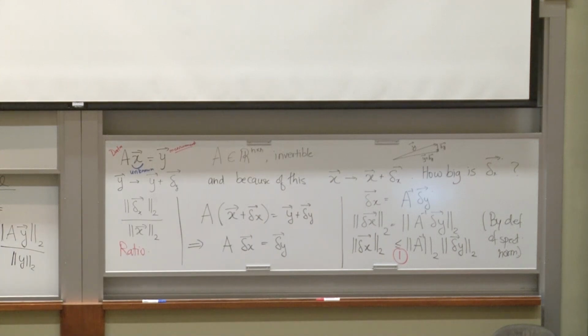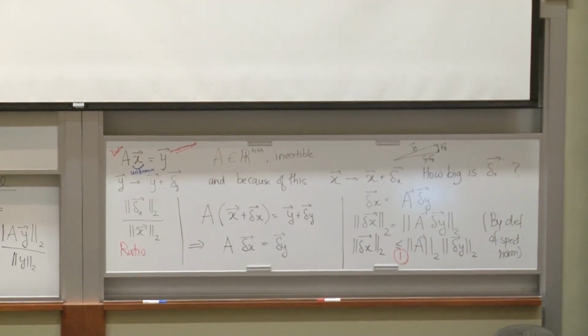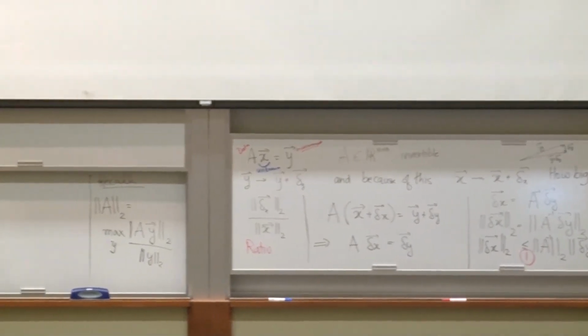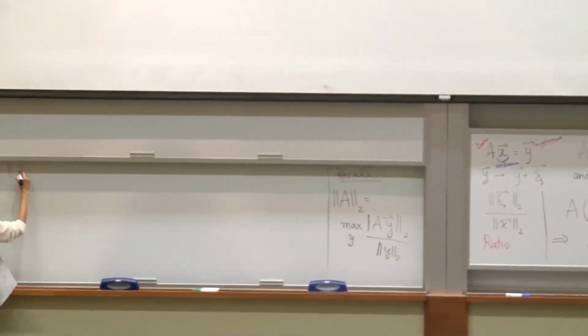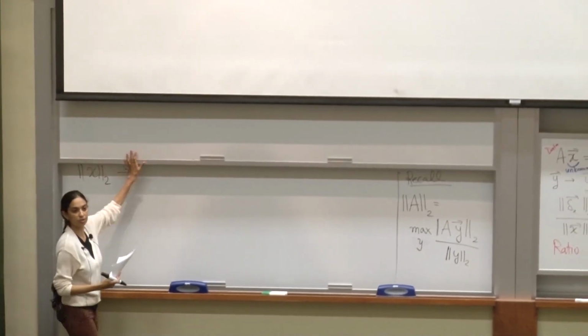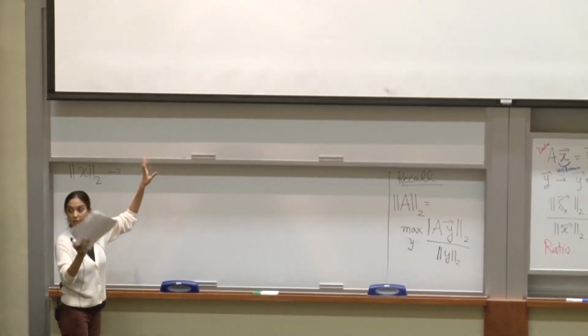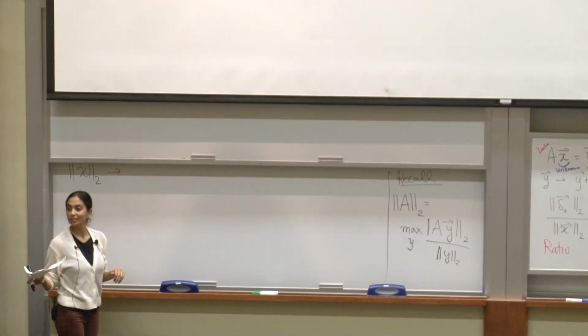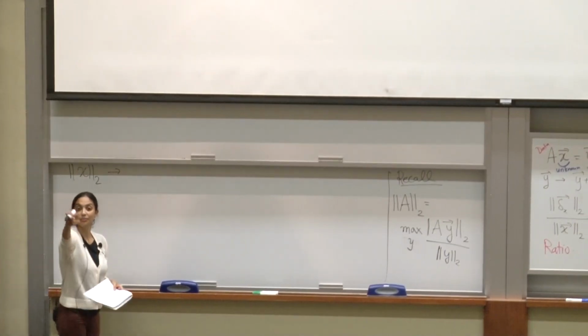Yep. So what can I say about the norm of x? Do I have any equations involving x? I had to bound this quantity now. What's the equation that I'm going to use for this? Someone else? Yeah, go ahead.